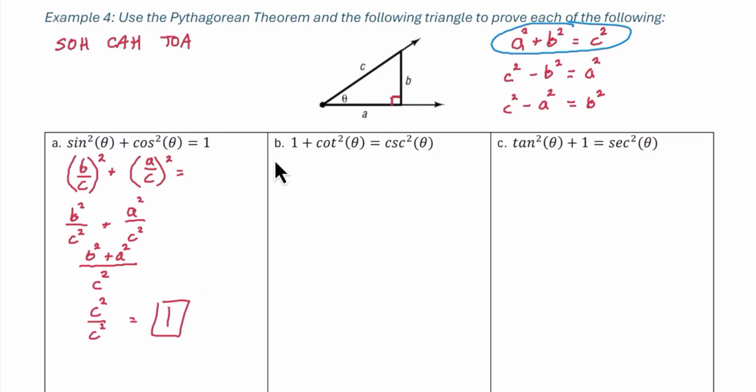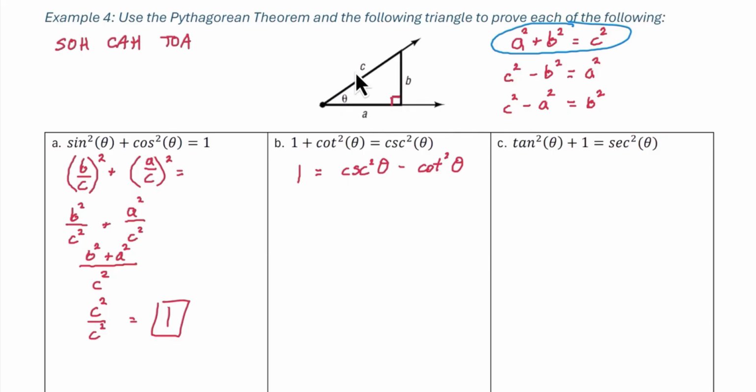For the second identity, let's start by isolating the 1. So I'm going to subtract cotangent squared theta on both sides. 1 is equal to cosecant squared theta minus cotangent squared theta. Now let's show that the difference of these two functions is indeed 1. Cosecant, remember, is the reciprocal of sine. Sine is opposite over hypotenuse, so the reciprocal would then be hypotenuse over opposite.